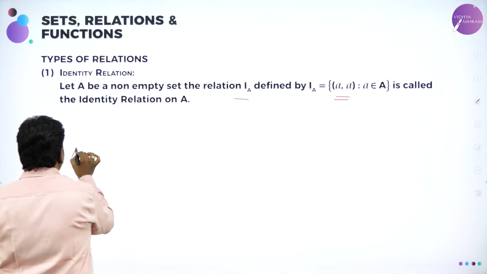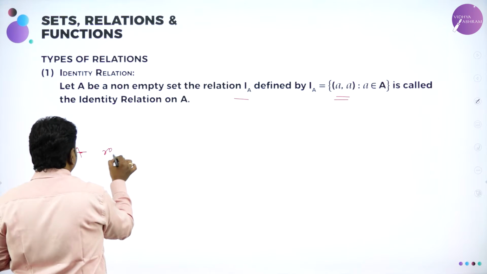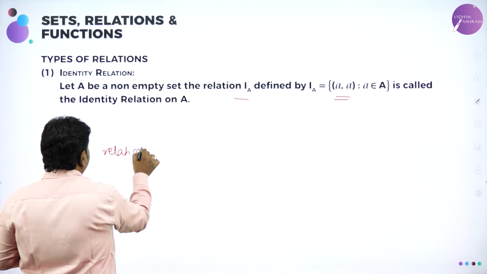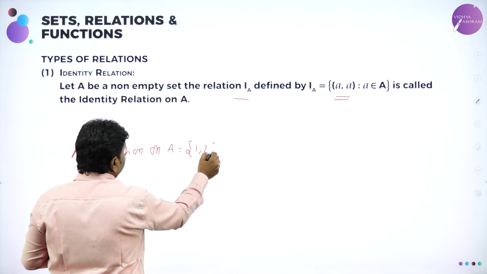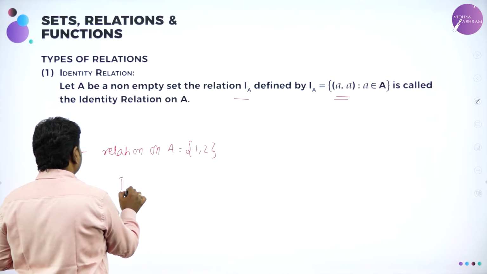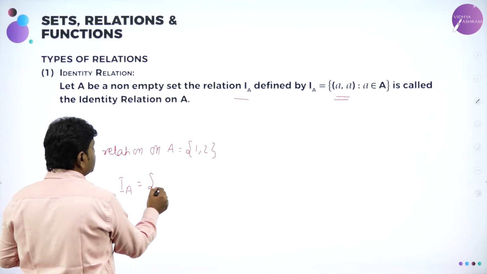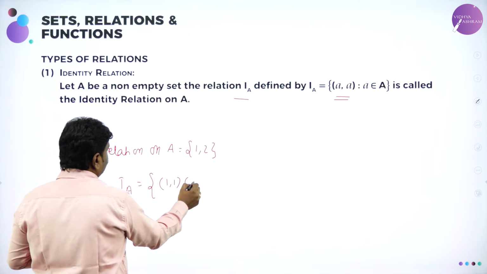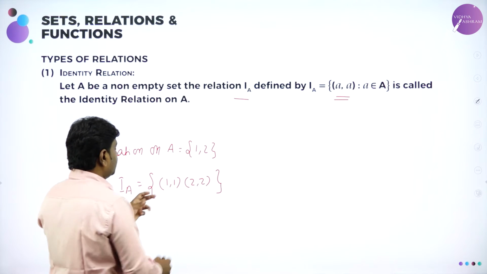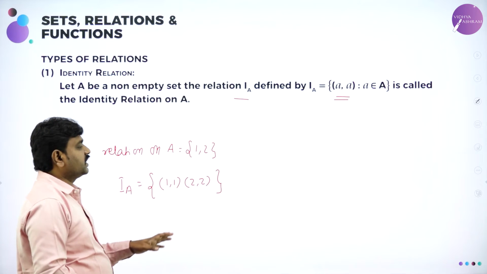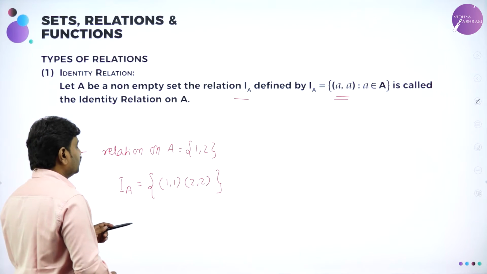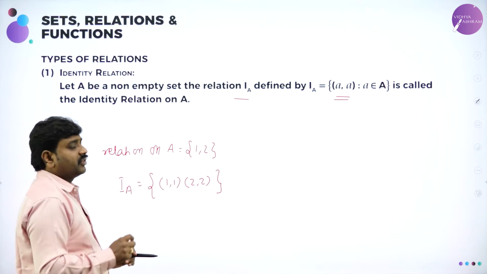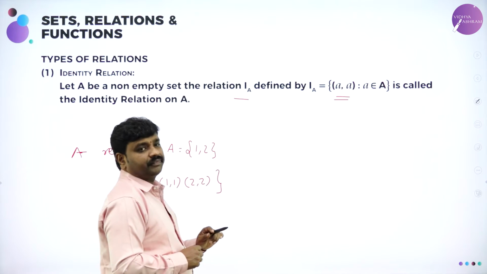Suppose I take a relation on A equal to {1, 2}, given by I_A; it contains the ordered pairs (1, 1) and (2, 2). The first element is related to the first and the second is related to the second. So we call it the identity relation. It contains (a, a), where a belongs to the given set.